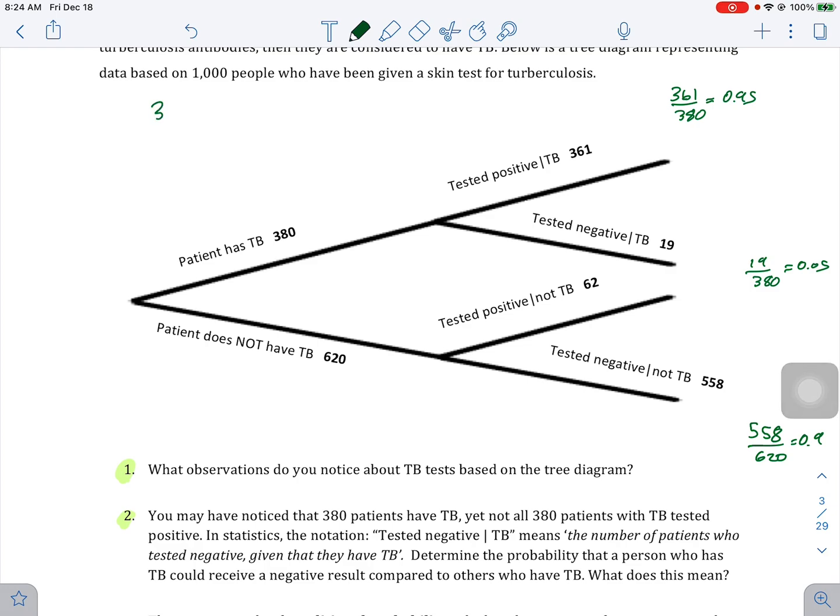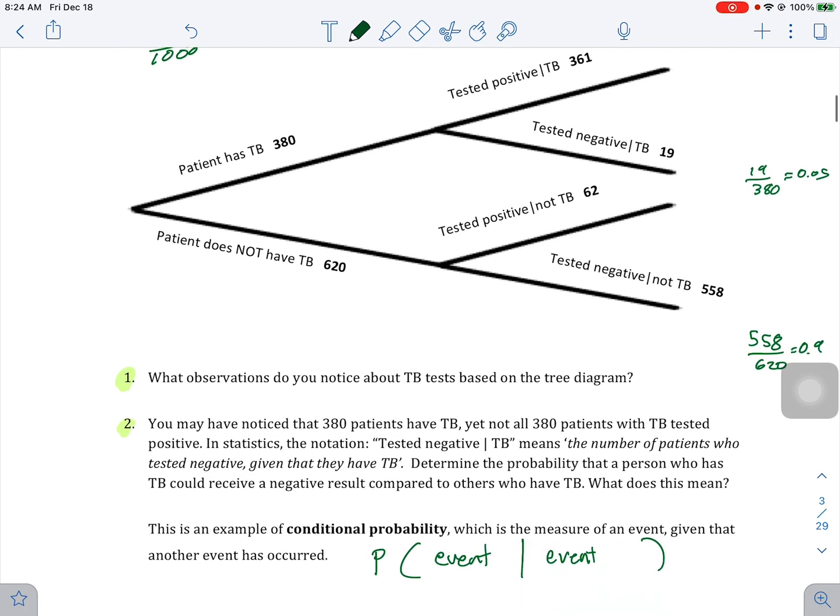If you add the 380 plus the 620, you can see that there was conveniently 1,000 people who were tested. So out of 1,000, based on experimental results here, the probability of TB, which you could write like that, is going to be 380 over 1,000, and you can represent that as 38%.